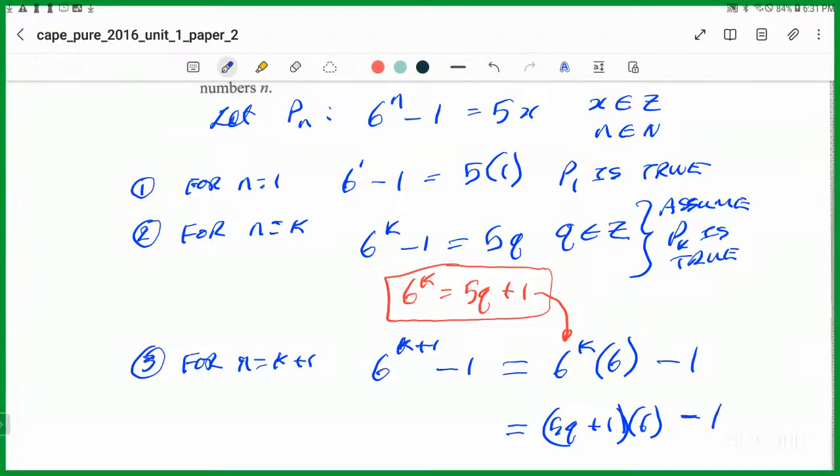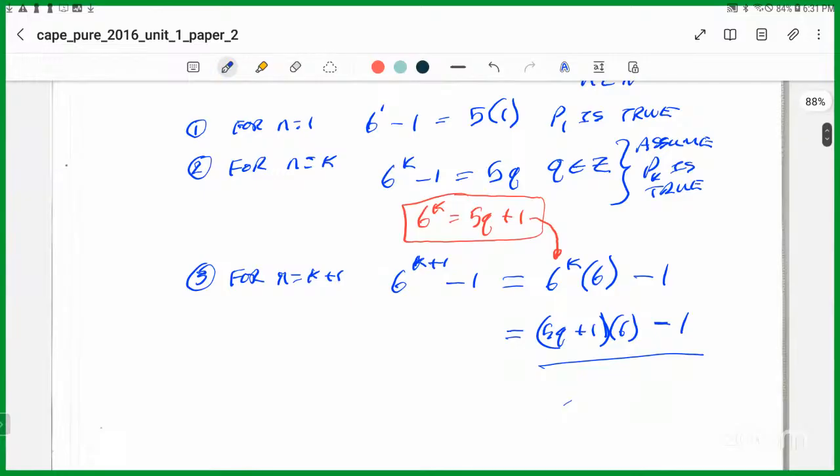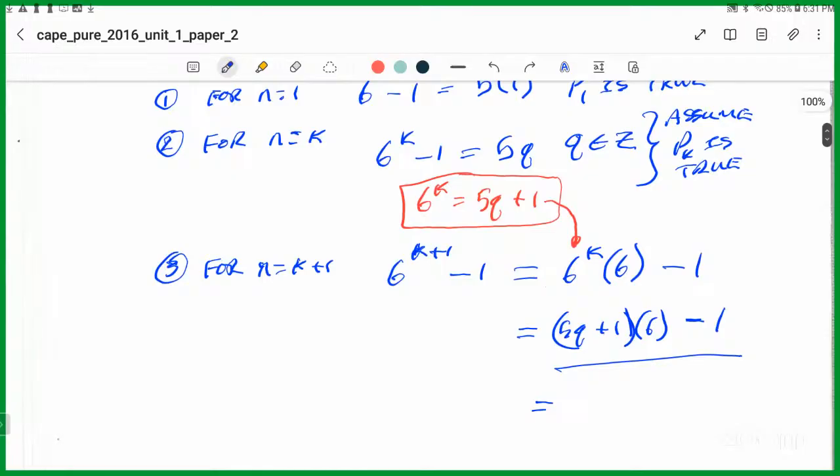And we need to show that this expression now is 5 times something. Alright, that's what it is. So we're going to expand this out and get this time this becomes 5 times 6q. I just want to keep the multiple of 5.